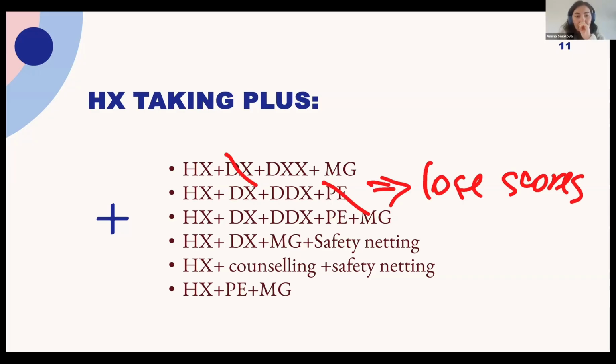So you will get score for history taking here, you will get score for diagnosis, differentials, but a big amount of scores you will lose from physical examination if you haven't done it.